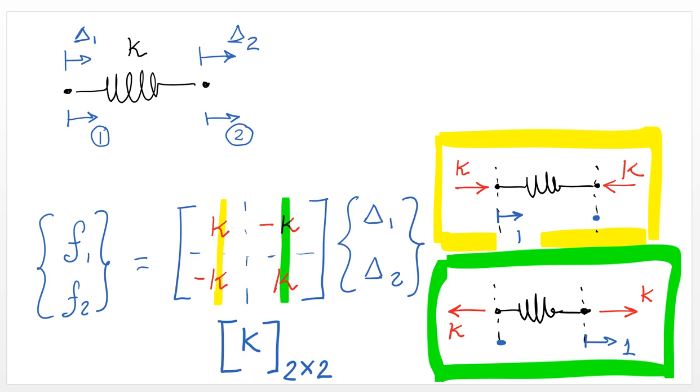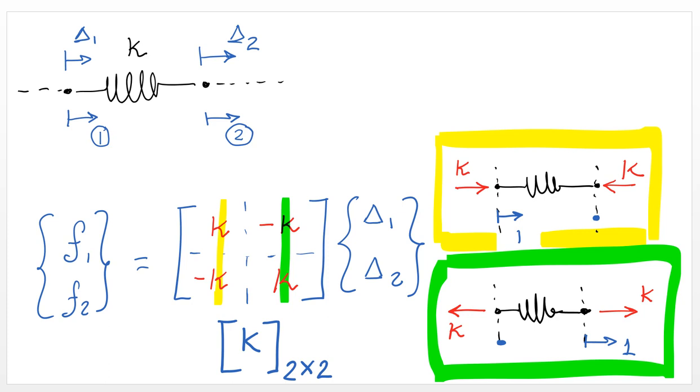So first of all, realize that an idealized spring in space, let's say we're talking about one-dimensional behavior here, so the spring can only deform along its line, has 2 degrees of freedom: displacement at one end, let's call that end 1, and displacement at the other end, let's call that end 2.